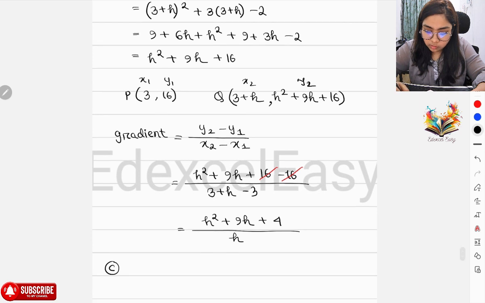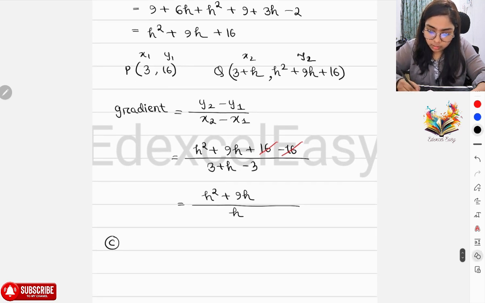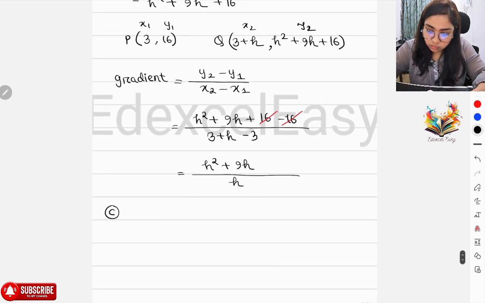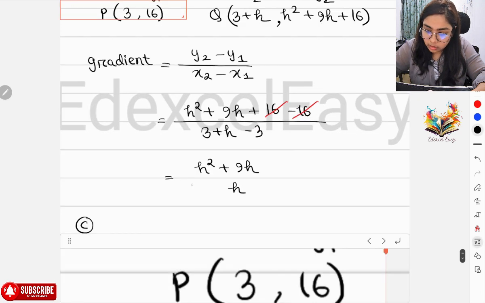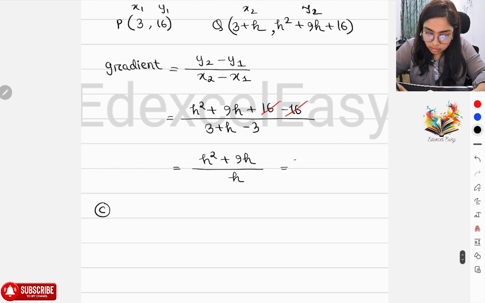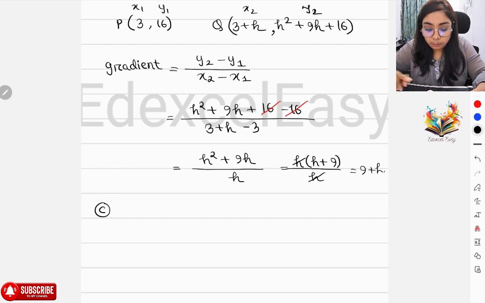Now we are left with h squared plus 9h divided by h, right? I can take h common from the numerator, so it will be h plus 9 divided by h, and h just gets cancelled out. You get 9 plus h at the end. The gradient for the line PQ was 9 plus h.